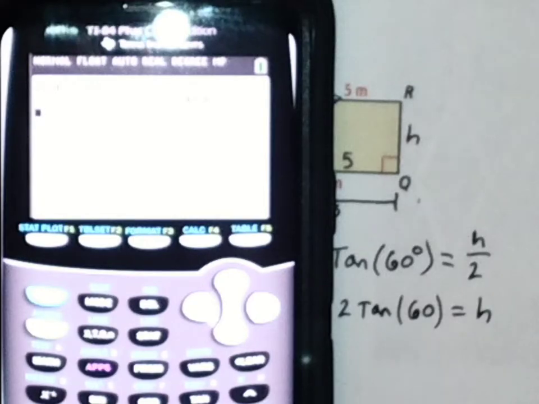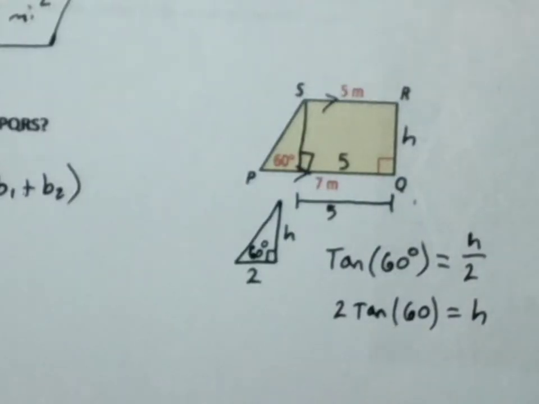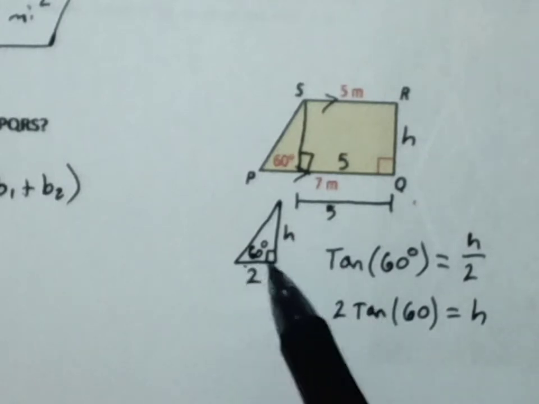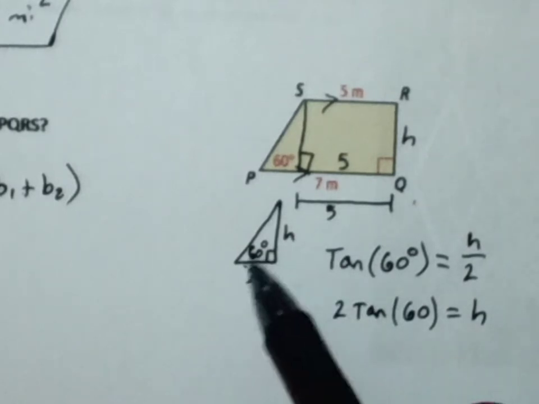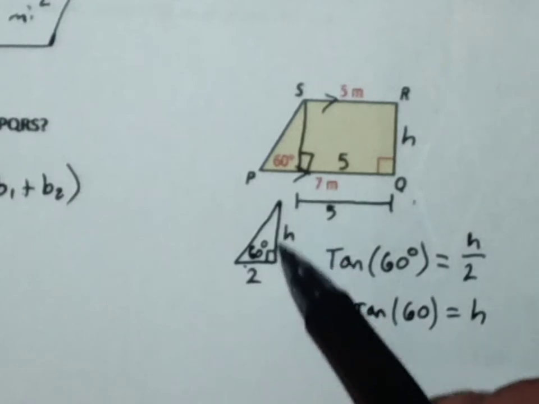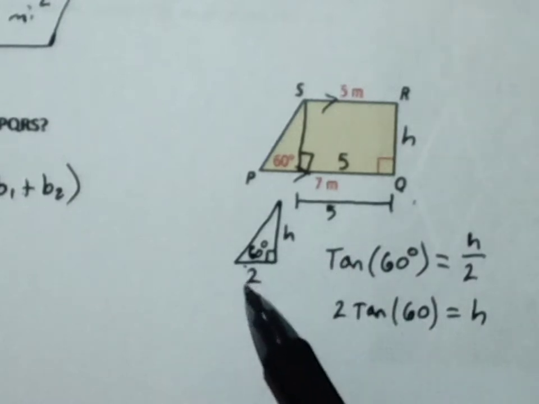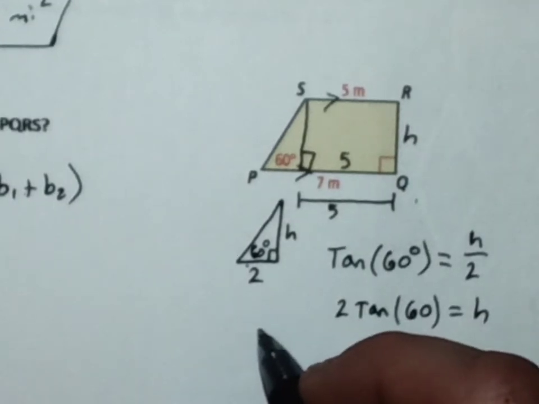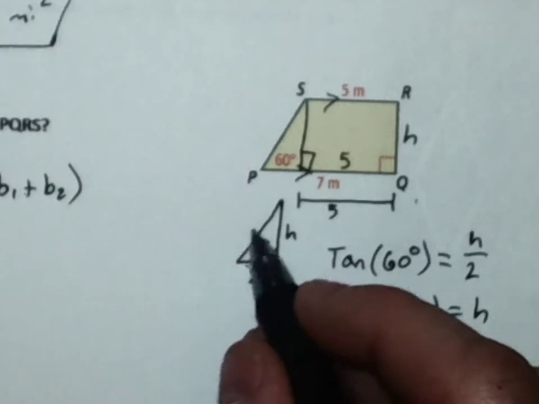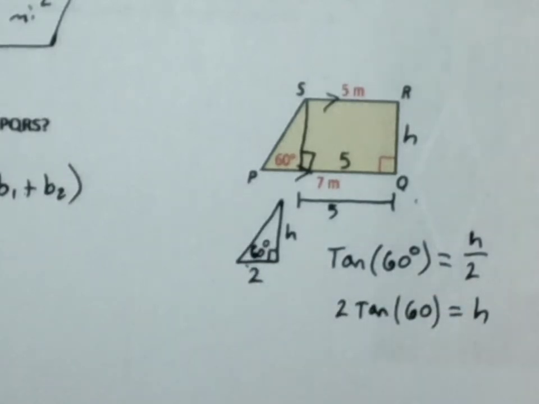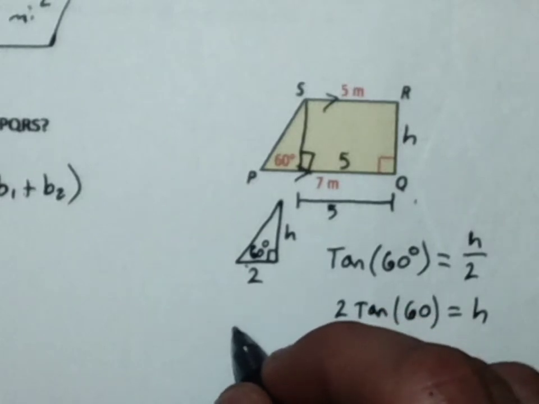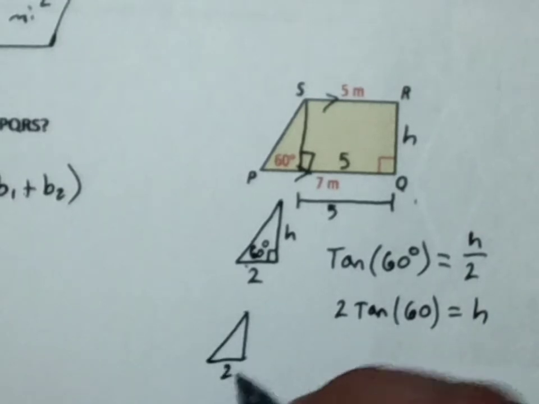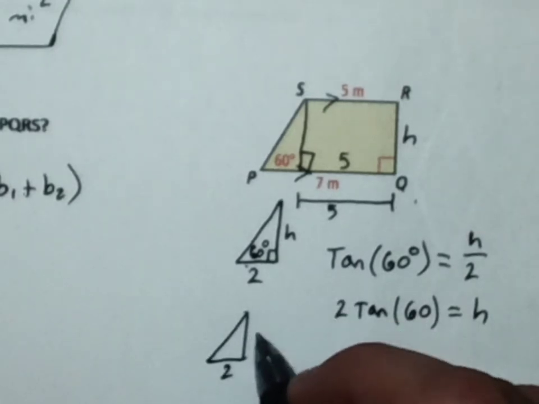Now, if you don't want to go that route, and if you do remember your 30, 60, 90 rules, you could use the 30, 60, 90 rule. If you recall on the 30, 60, 90 triangle, the short side is the side that we always base everything on. The long side is the short side times the square root of 3. So you have 2 as the short side, times the square root of 3.